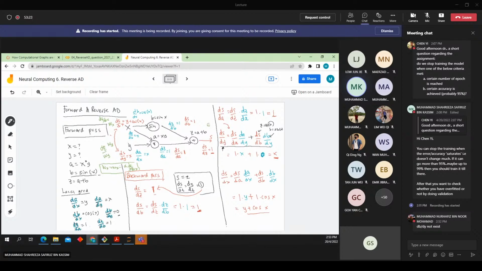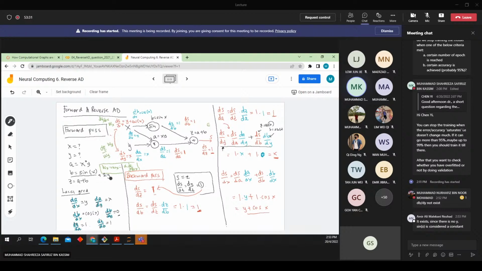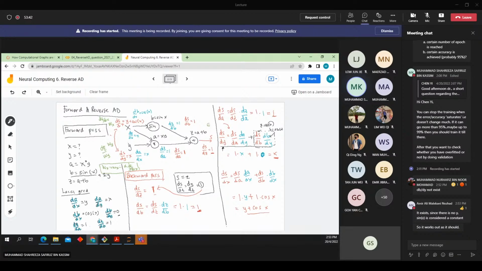But if you think in more general terms, if this were, for example, sine of x plus 2y, then the second term on the right hand side will be alive, will be effective, will be active.